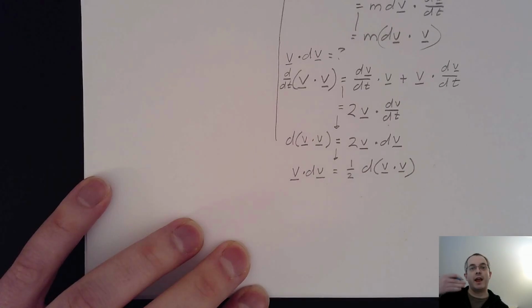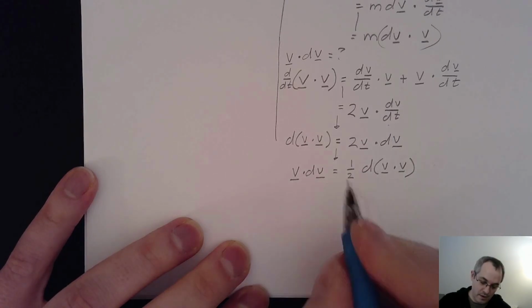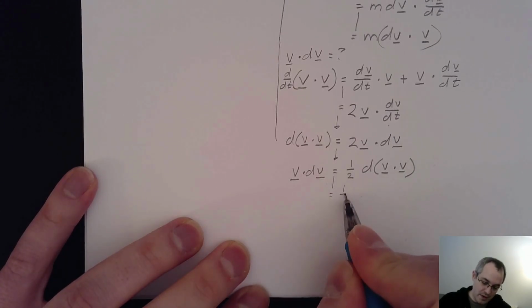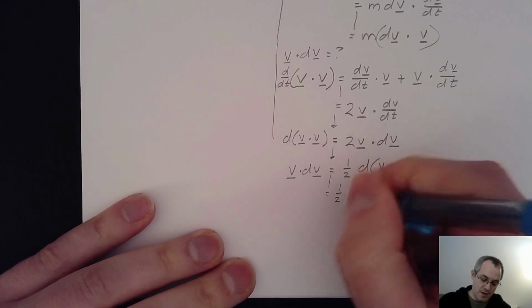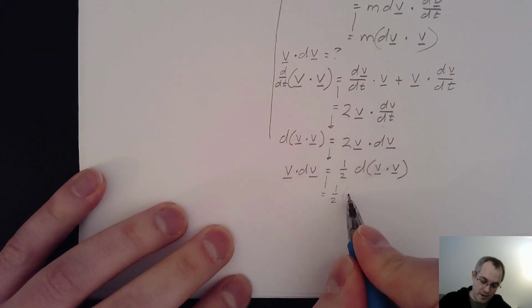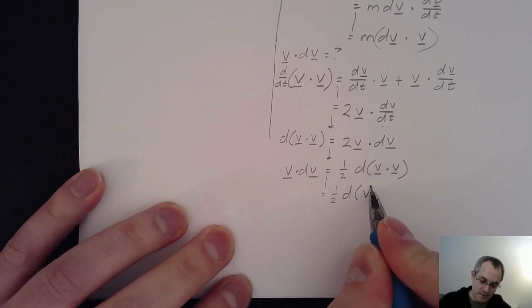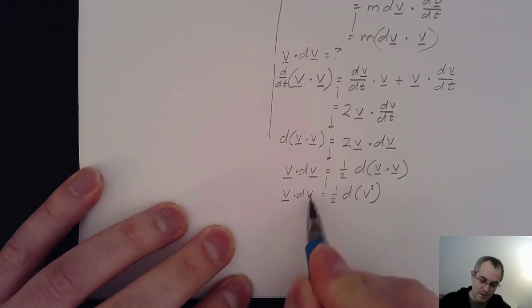And remember that any vector dot product with itself is just the magnitude squared. So this would be 1/2 d of v squared. V dot dv is this.